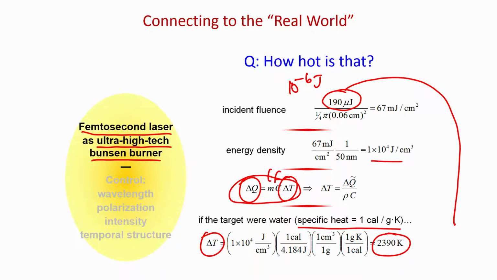Most metals will melt at this temperature, because most metals have a melting point near about 1700 to 1800 Kelvin. So, this temperature jump can be achieved with very, very low energy of the femtosecond pulse. It is a big heater which can deposit heat energy to the system, and it behaves like a Bunsen burner.